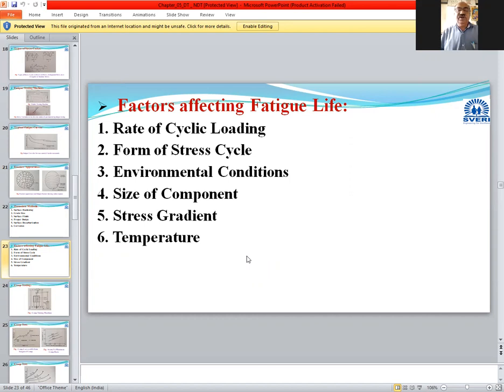Temperature is very important. In a thin component, stresses are easily introduced. Environmental conditions, humidity, climate conditions will also affect this. Repetition of the cycle, whether reversed, repeated or irregular cycles, also affects fatigue life. Next.